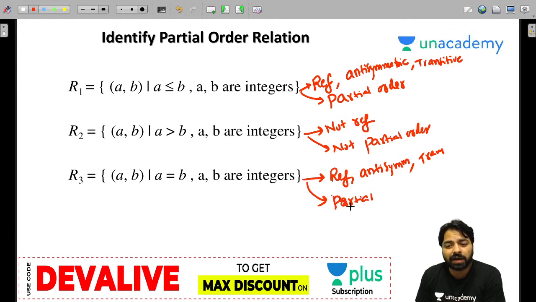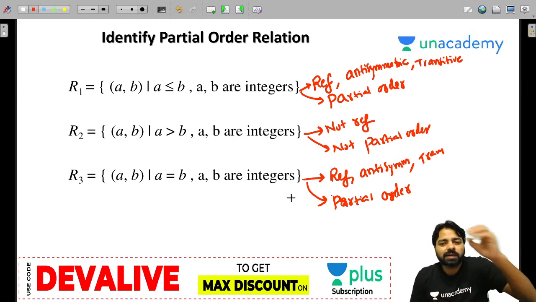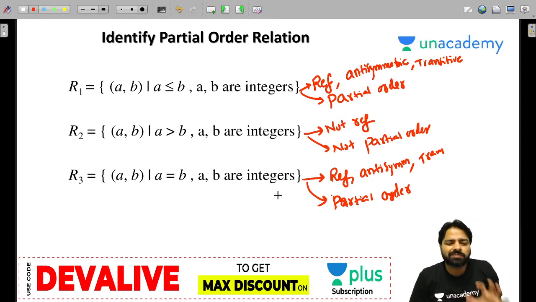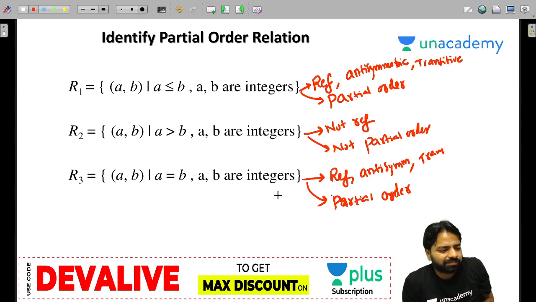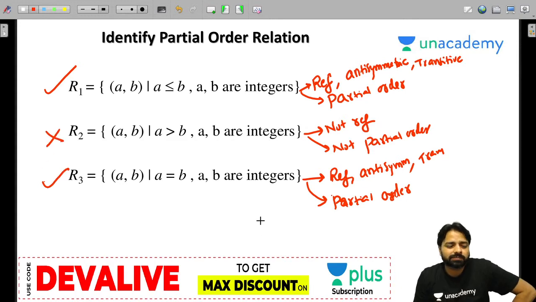Let me know if I assume anything wrong, because sometimes it might happen, since without writing we are trying to answer directly. Clear this point? This is a kind of exam pattern where relations will be given, you need to identify them. Yeah, R1 and R3 are partially ordered relations and R2 is not.